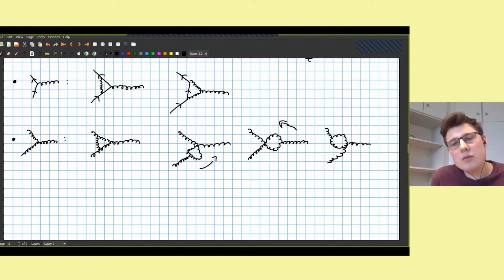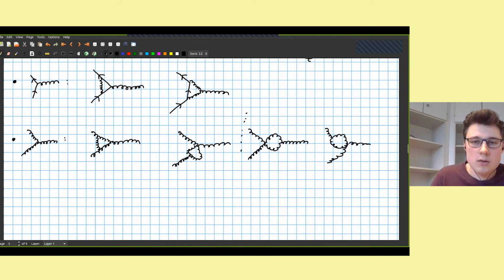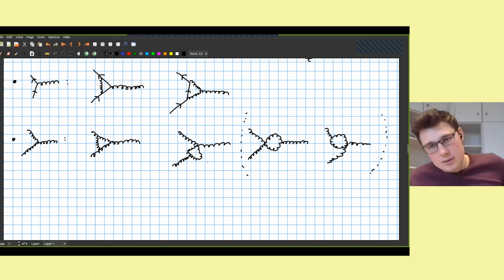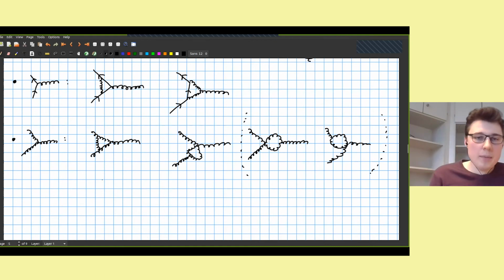So depending on the application, these two graphs could lead to exactly the same results. However, if you break this rotation symmetry, for example, by saying, well, these two gluons are incoming and this is outgoing, it could be that these diagrams produce different results. Okay.